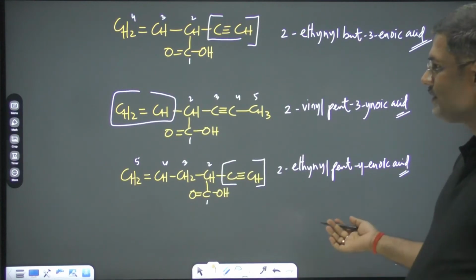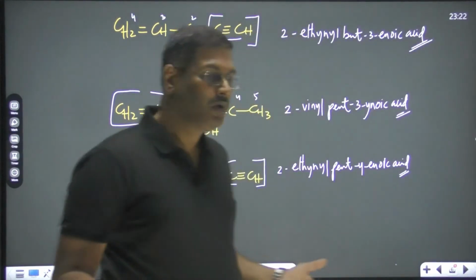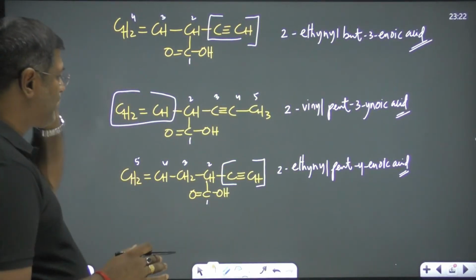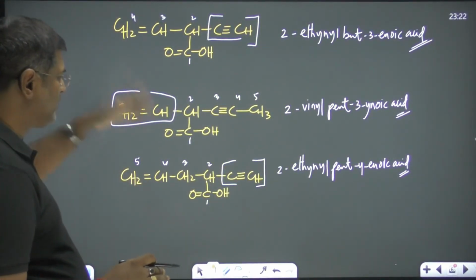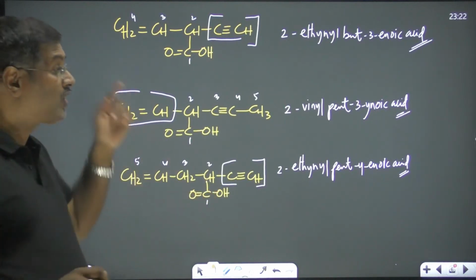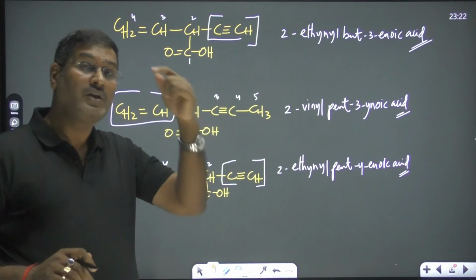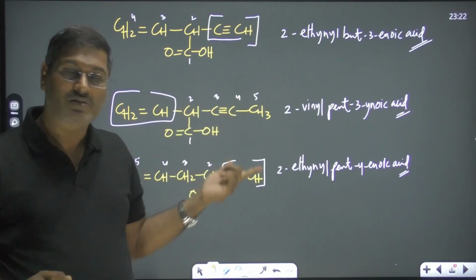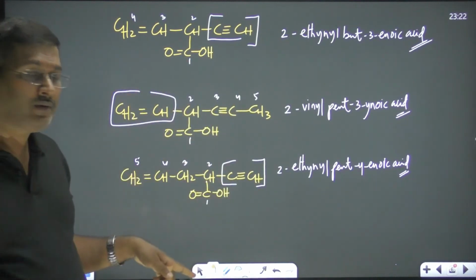Yes, it is clear. I hope all doubts related to double bond, triple bond in the parent chain are clarified. You cannot think of any extra example or any extra case, right? I have included all that, right?